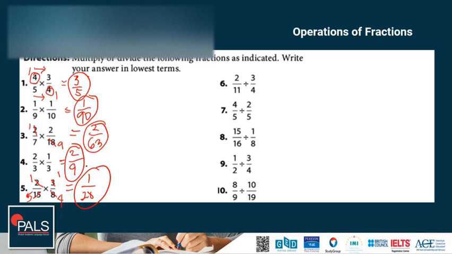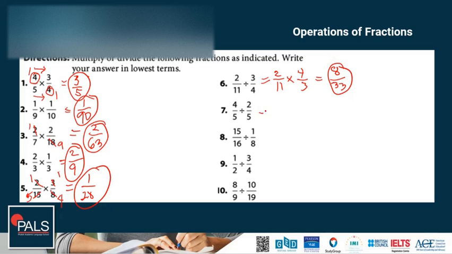Let's proceed to number 6. The rule says flip the second fraction. So 2 over 11 times 4 over 3, then multiply across. So 2 times 4 is 8. 11 times 3 is 33.